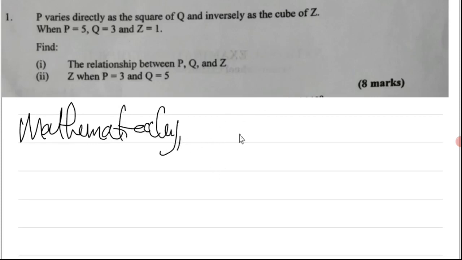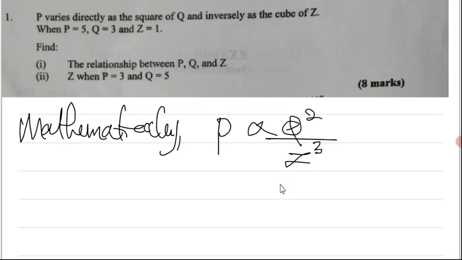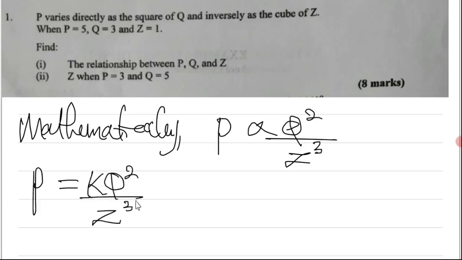The mathematical expression of this word problem says P is directly proportional to the square of Q and inversely proportional to the cube of Z. Writing out the relationship, P is equal to KQ squared divided by Z cubed.